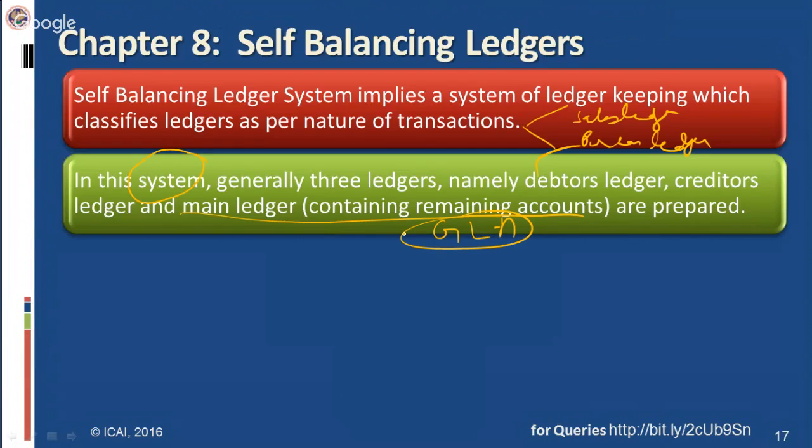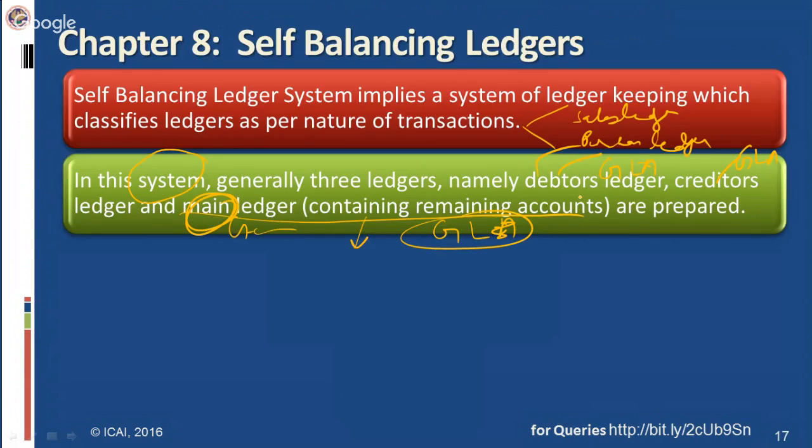Now there are two things. In the debtors ledger, GLA is maintained. In the creditors ledger, GLA is maintained. But in the main ledger, that is the general ledger, the sales ledger adjustment account and purchase ledger adjustment account, that is the debtors ledger adjustment account and creditors ledger adjustment account, are maintained.